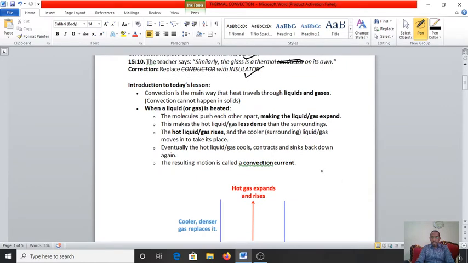Now, to understand thermoconvection, let me draw a few particles here. Let us say these are atoms of a gas. Now let me use maybe water, a liquid. So when you heat these particles, these atoms to be more specific, they gain kinetic energy and move faster and farther apart.